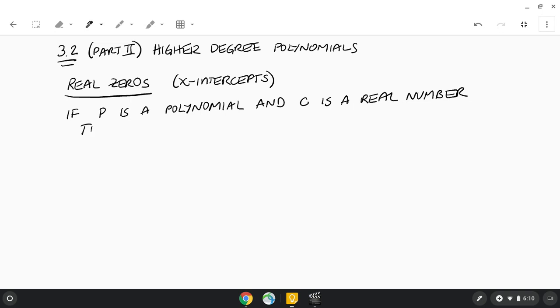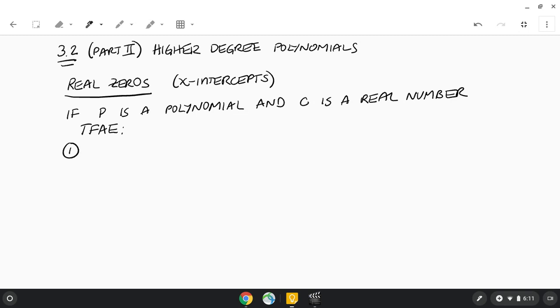And I'm just going to write TFAE. That's what we actually use in mathematics. Yes, way before texting started, we were using these. Okay, so the following are equivalent.